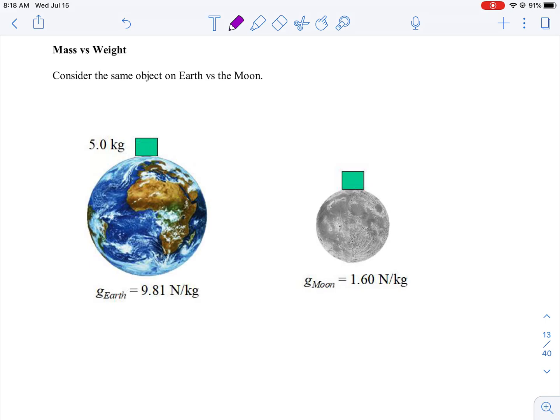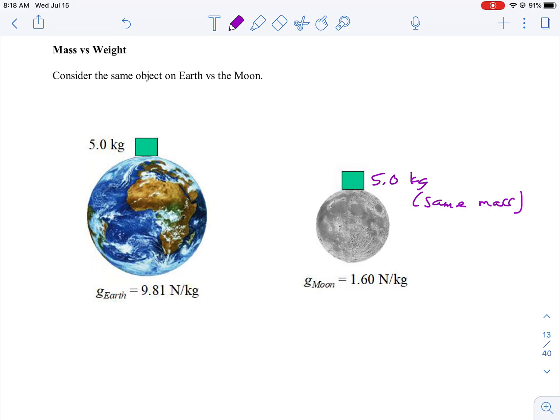We have to realize that when you bring it to the moon, the matter is still the same. It's still going to have a mass of 5 kilograms because it has the same amount of atoms inside. So that's fixed. But when it comes to the weight, they're different.